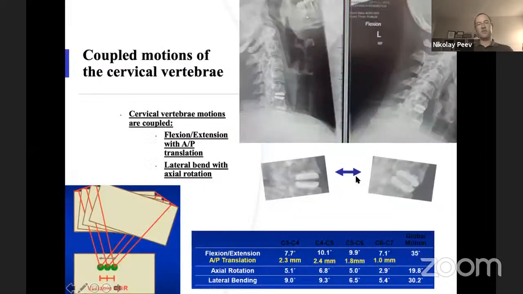However, I would say with the new technology that we are having nowadays, with the new second generation devices which are in use already, this problem is not there anymore. You can see this is one of my cases, and you see that apart from angulation, you have also translation.